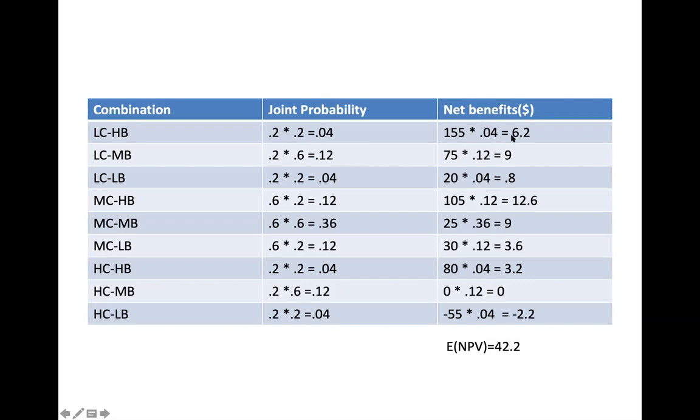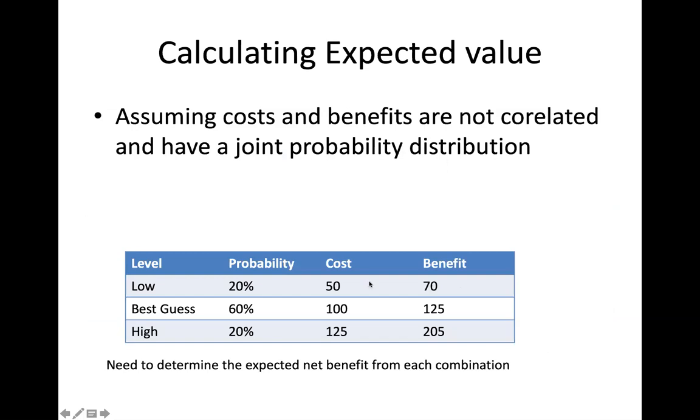And that's how you do the expected NPV. You go through each of these combinations, the probability of the first one occurring, times the probability of the second one occurring, gives you the joint probability, and then you multiply that joint probability by the net benefit that you've gotten from here.